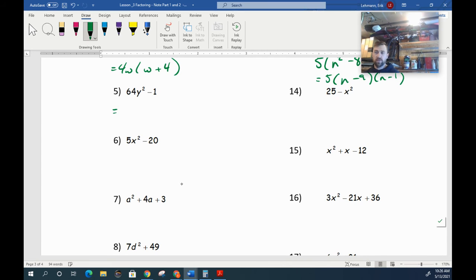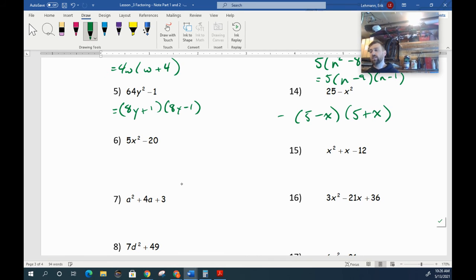Two terms, separated by a minus sign, both perfect squares. Square root of 64 is 8, plus 1, 8y minus 1. Dots, boom, done. Same deal here. 5 minus x, 5 plus x.